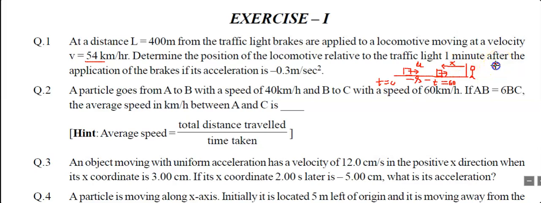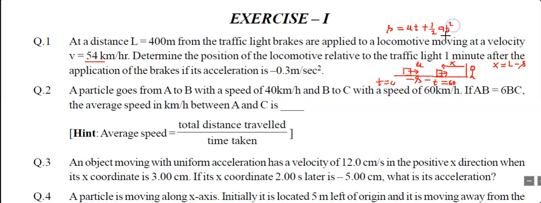So can we say x is going to be the total distance, which is L minus S, the distance that it has traveled during this braking or retarding process, right? And how can this S be calculated? Use the second equation: S is equal to ut plus half at square.